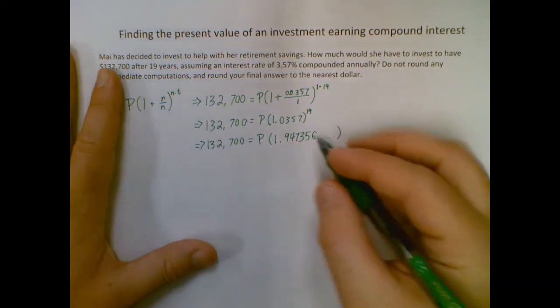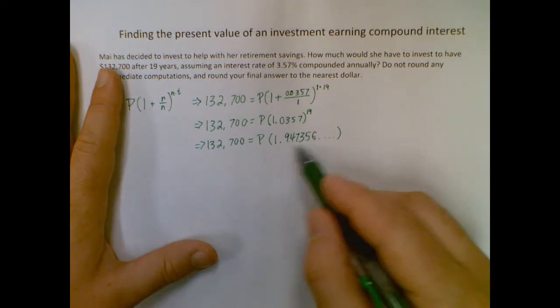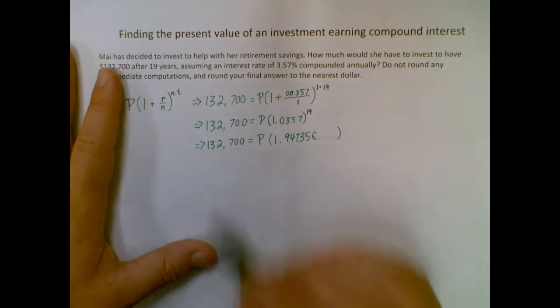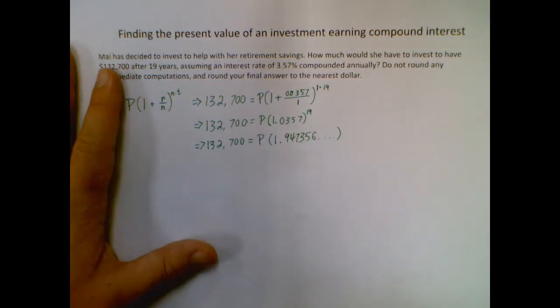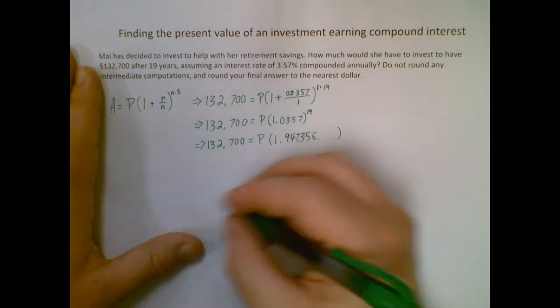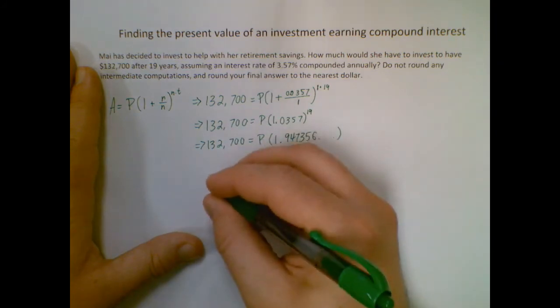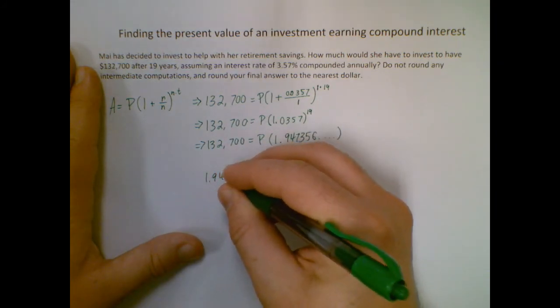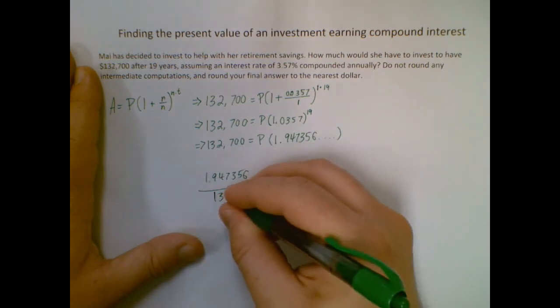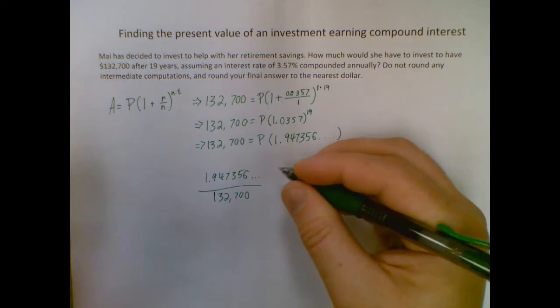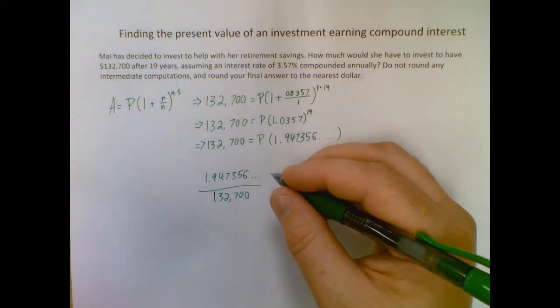So I'm going to show you how to do it anyway. What I'm going to do is take that number that you have and divide it by this number instead. So I'm going to do 1.947356 divided by 132,700. Now, hopefully you're saying, but Mr. Bowen, that's upside down.